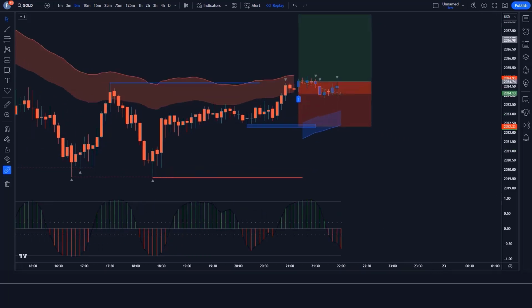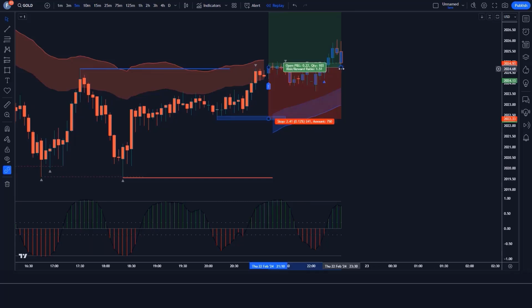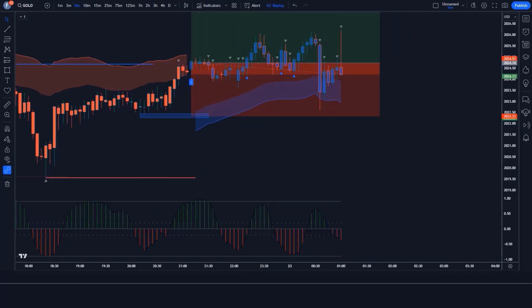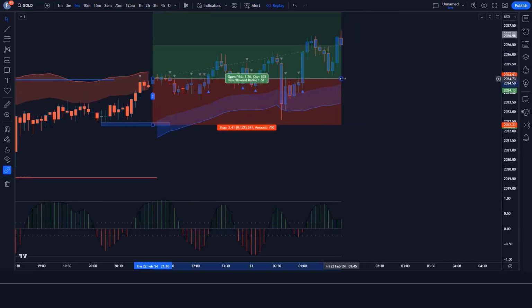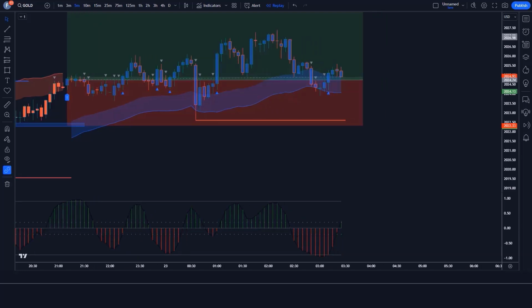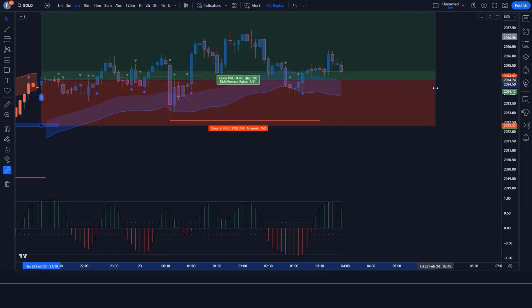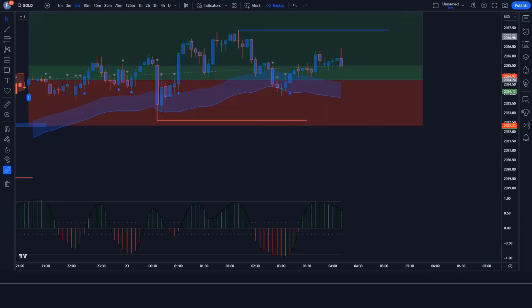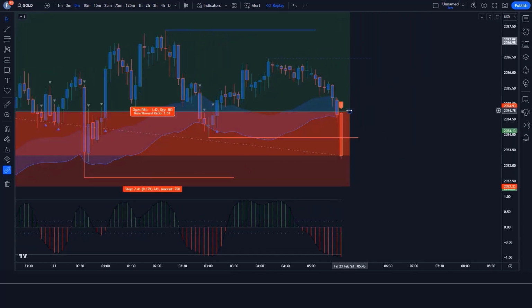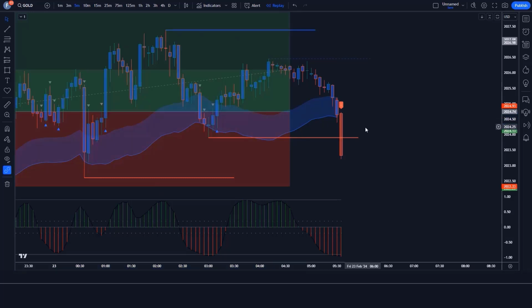Let's see what happens to our trade. Our trade is running in profit. The market has given the next signal, we will close this trade.